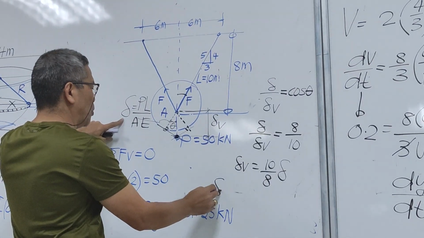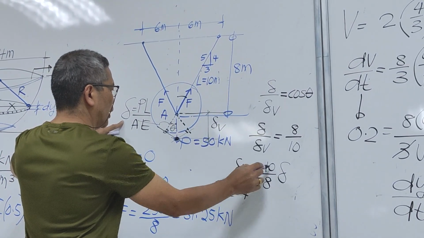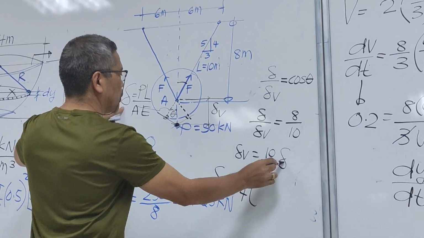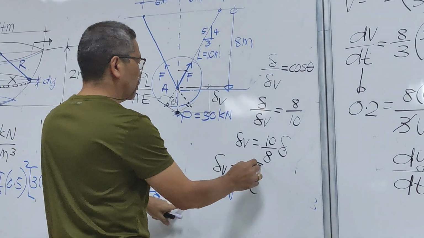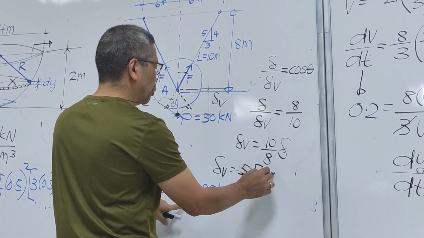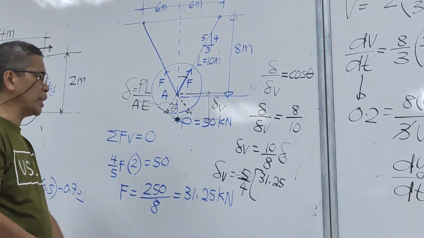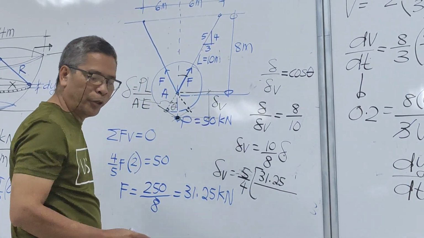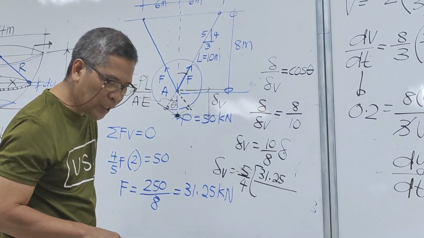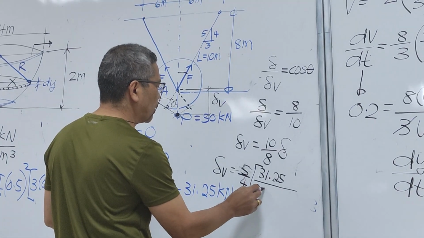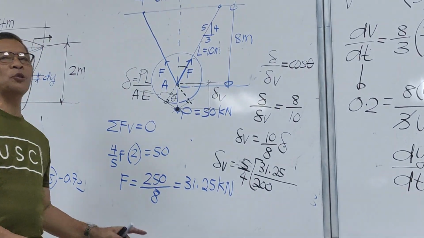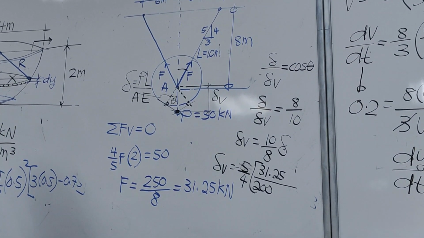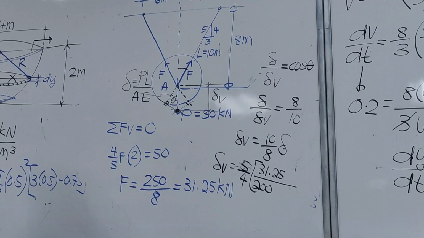So simplifying now, this is 5 over 4, and this quantity is equal to the force, 31.25, but that is kilonewtons. I will divide it by the modulus of elasticity, which is 200 gigapascals. 200 giga is 200 kilonewtons per square millimeter.